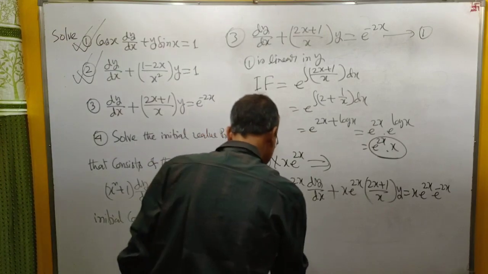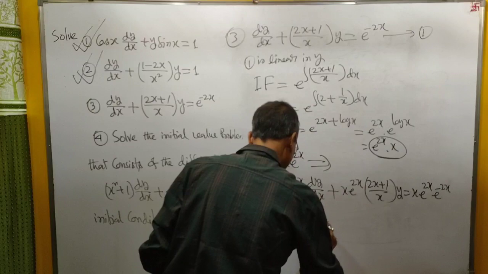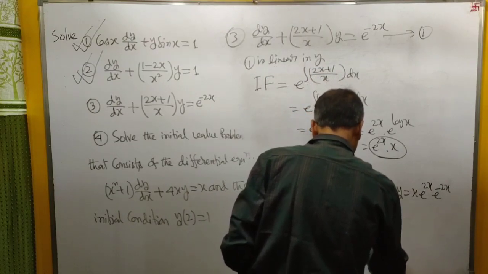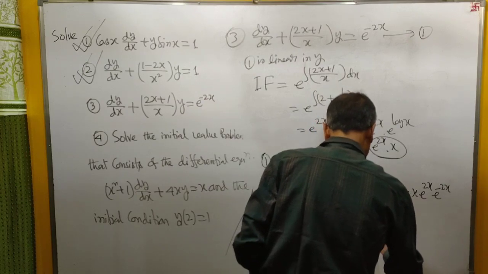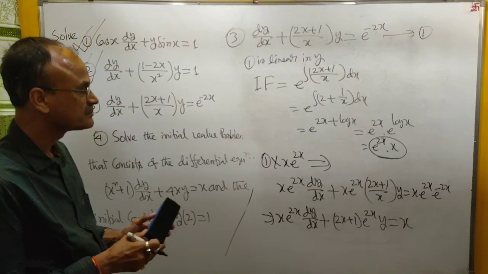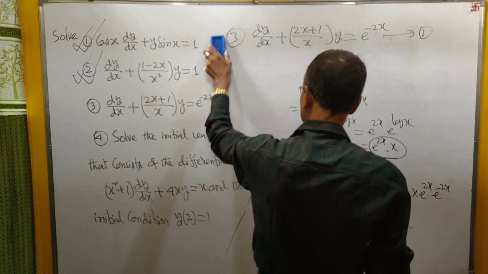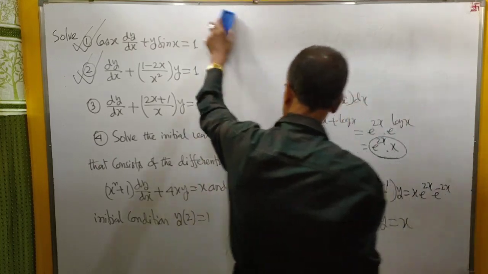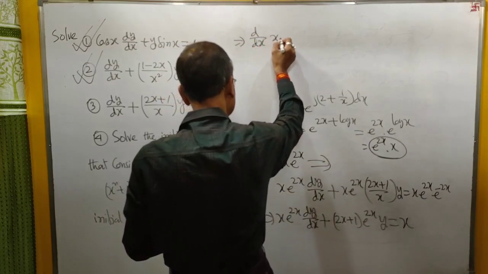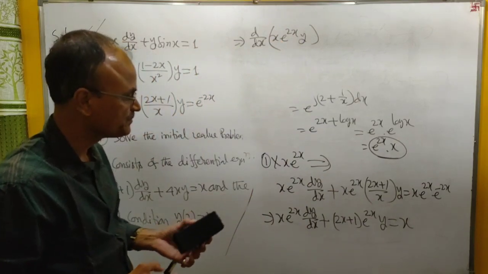This means x e to the power 2x dy by dx plus, x being cancelled, (2x plus 1) e to the power 2x, y, equal to x. This means you may write here x e to the power 2x y, integrating factor into y.